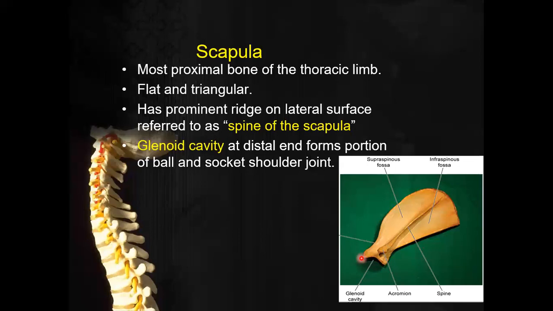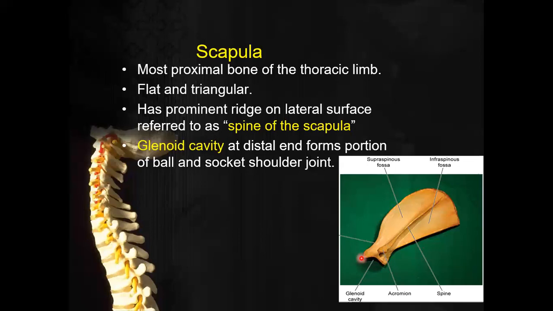Glenn. Didn't Glenn end up with a big dent in his head after that? That's how I kind of remember glenoid. I don't know why, but whenever I say the glenoid cavity, immediately, mentally, I see Glenn with his eye popping out. Glenoid, Glenn. For some of you, it might work. For others, not. That's okay.